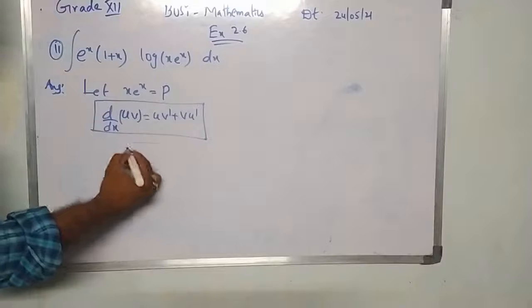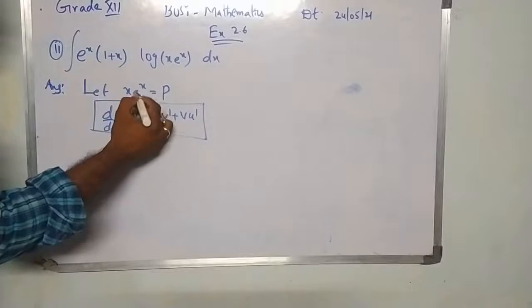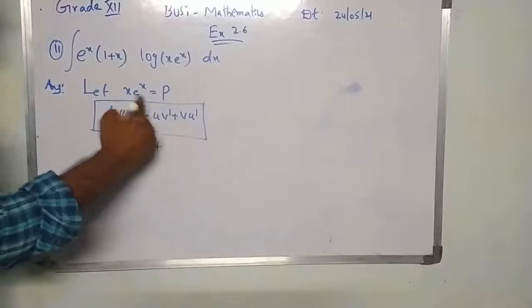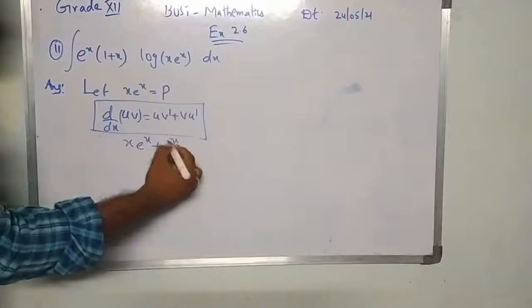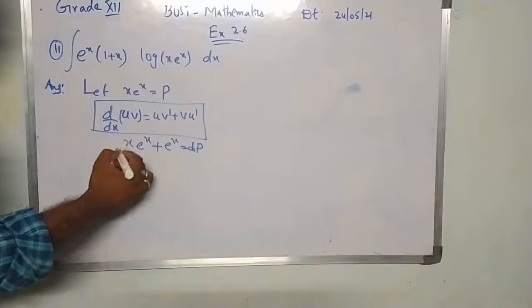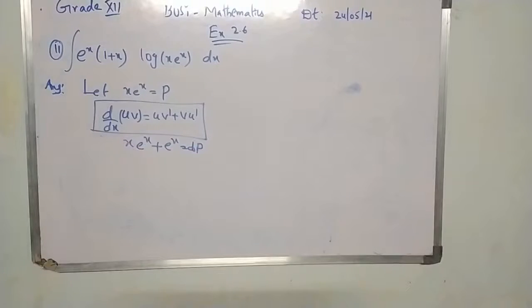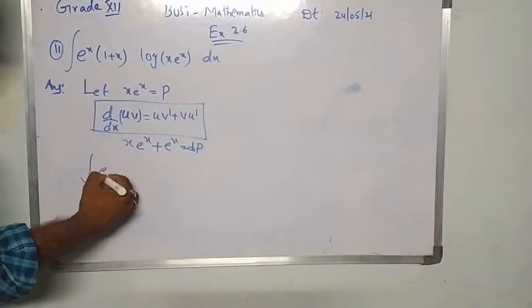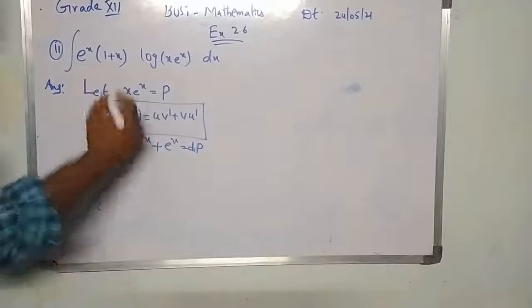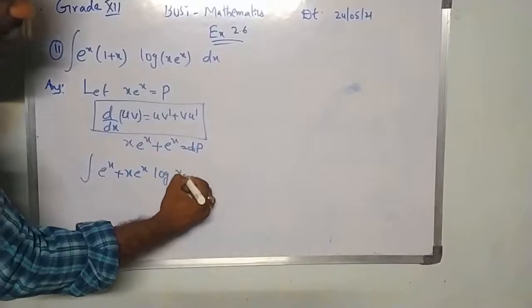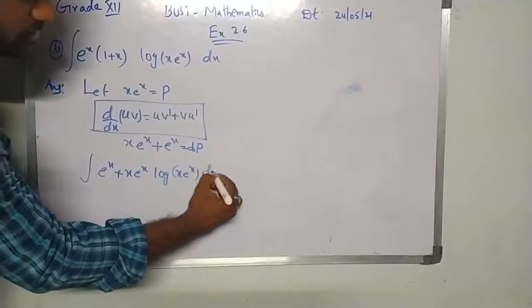First function as it is, x, derivative of second, e power x, plus second function as it is, e power x, derivative of x, 1, is equal to dp. So this is e power x into 1 plus x e power x, log of x e power x dx.